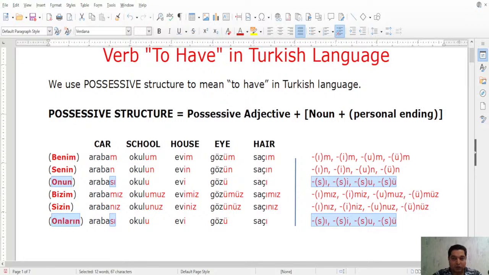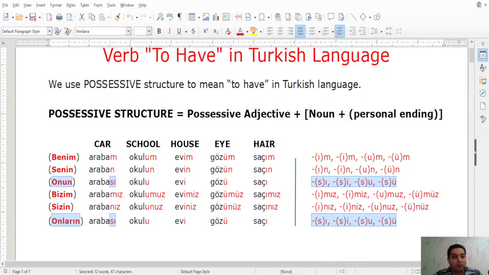They are the same in terms of endings, but of course if you want to talk about multiple cars of mine, of yours, of his, of ours, then you have to change everything and talk not about araba, but arabalar now, right? Benim arabalarım, senin arabaların, onun arabaları, and so on. So what you see on the screen right now is for the singular noun only.